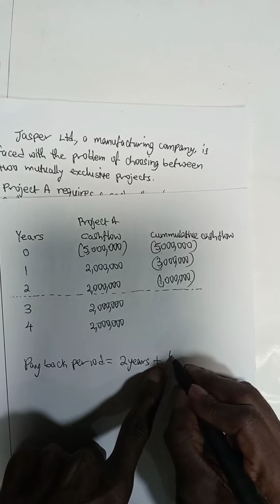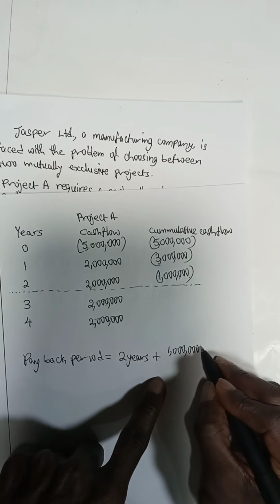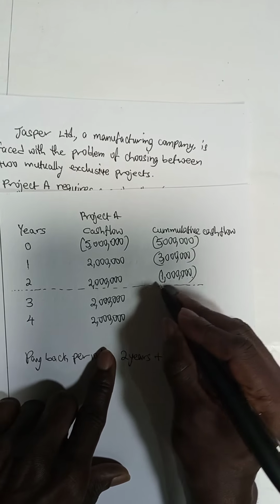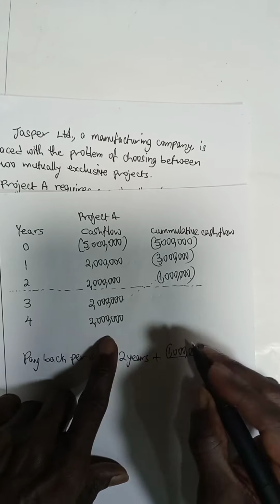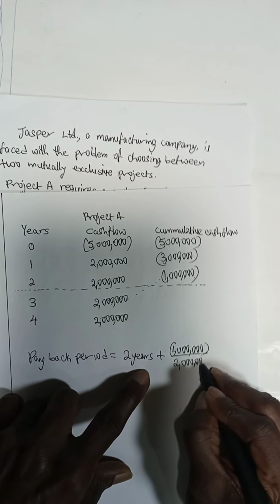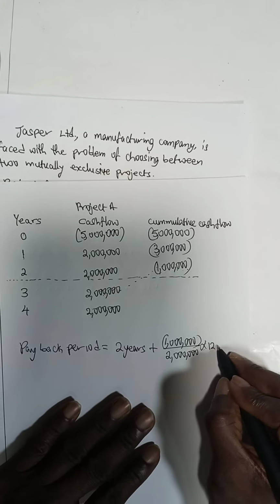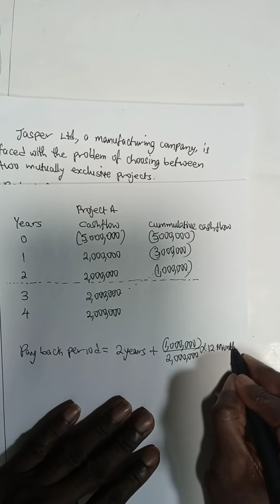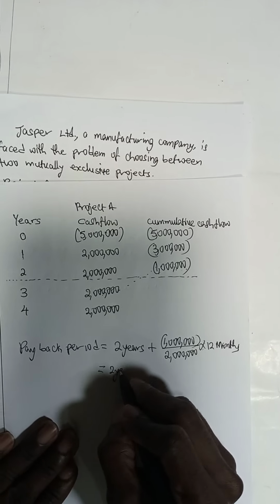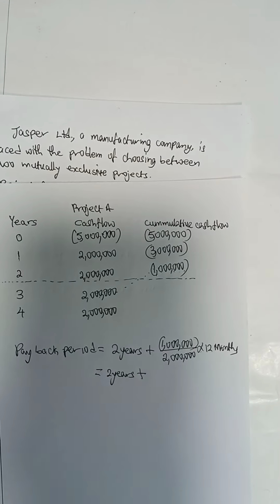So we say 1 million, you can put it inside brackets if you like, over 2 million times 12 months. So we now say 2 years plus this, then we divide.